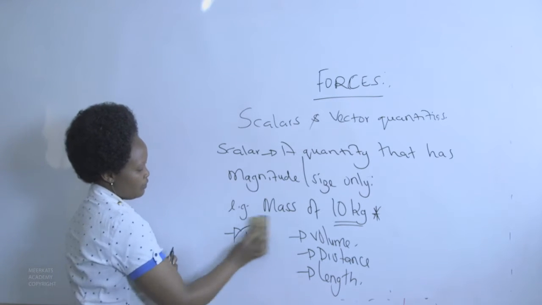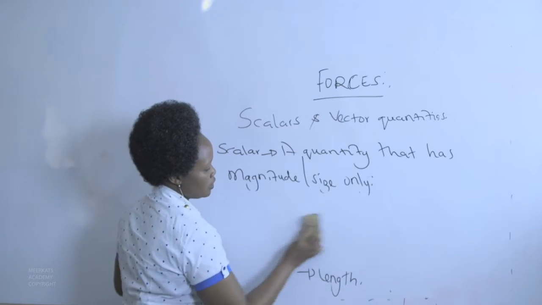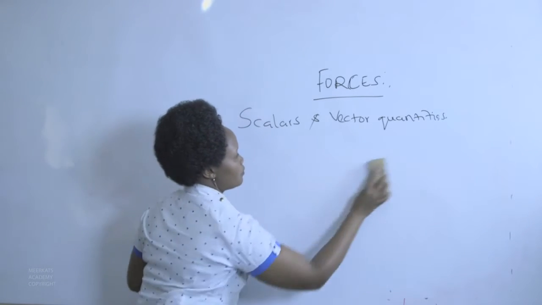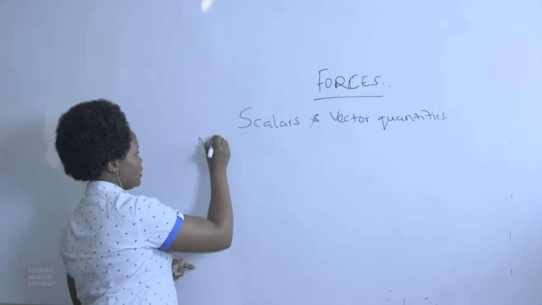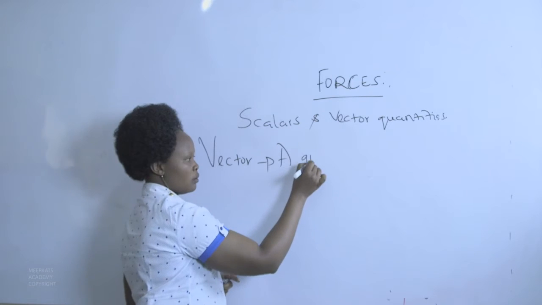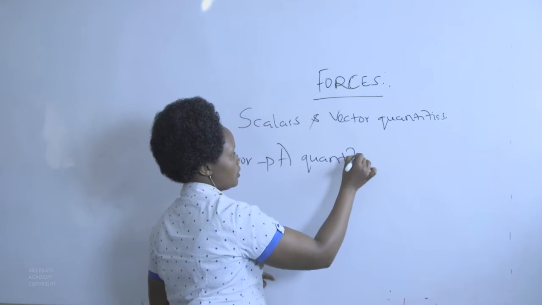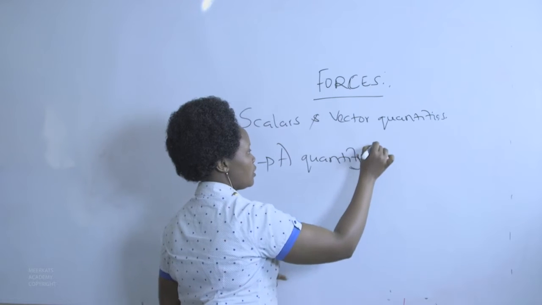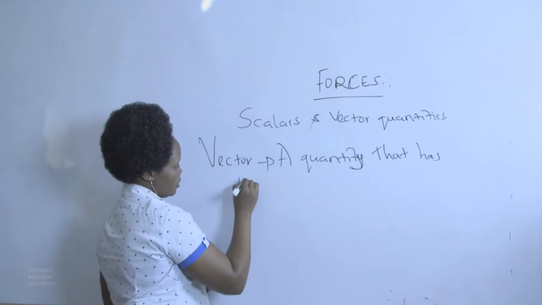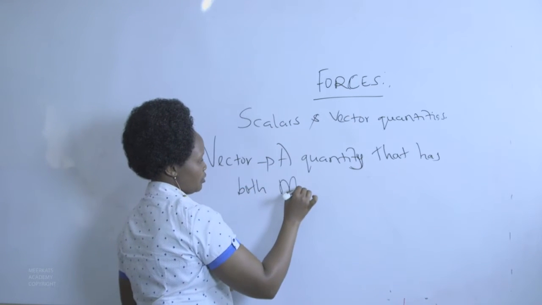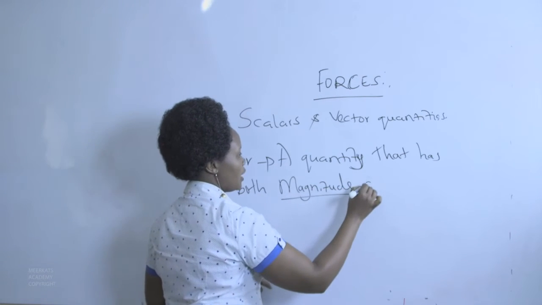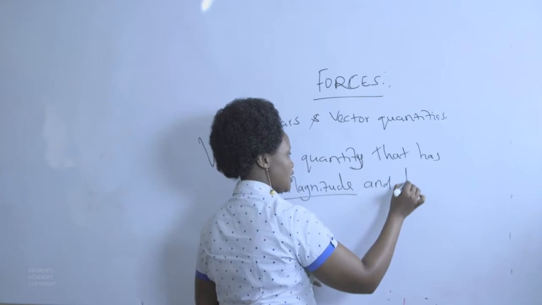Now, how about a vector? What is a vector? And a vector is a quantity that has both magnitude and direction.